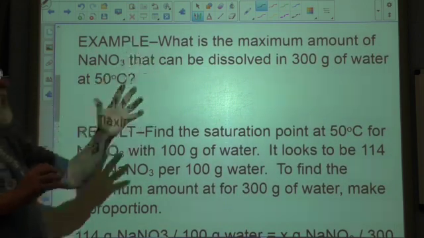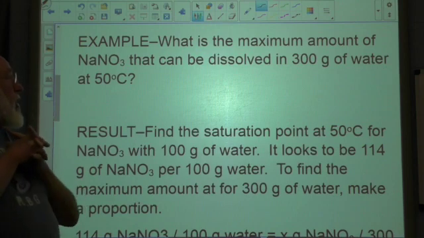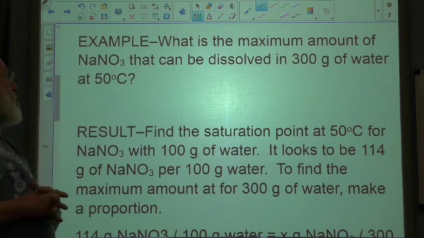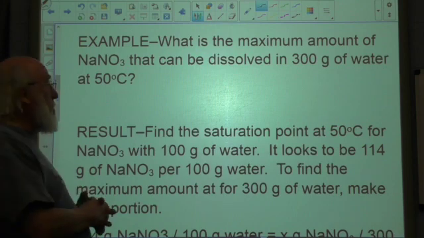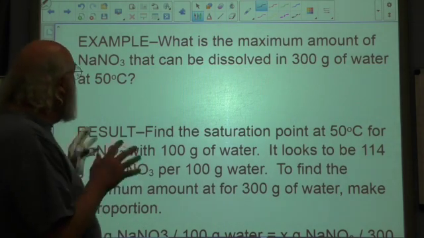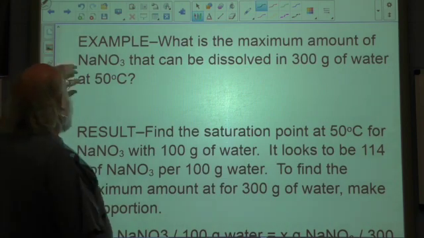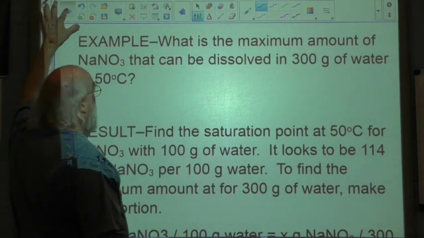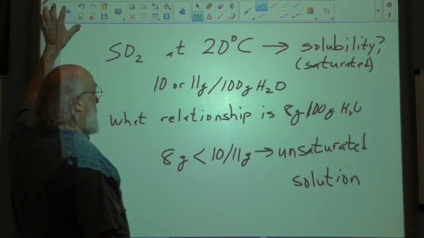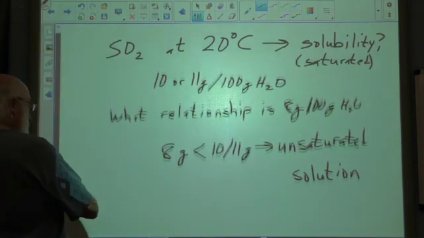next one, it says, what is the maximum amount of sodium nitrate that can be dissolved in 300 grams of water at 50 degrees Celsius? So let's get that information written down.